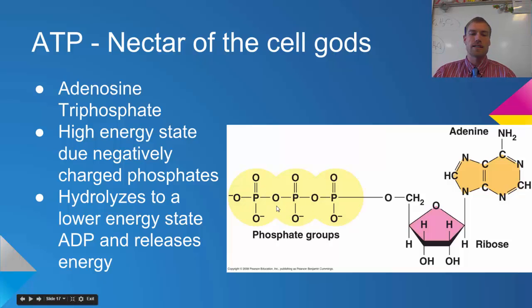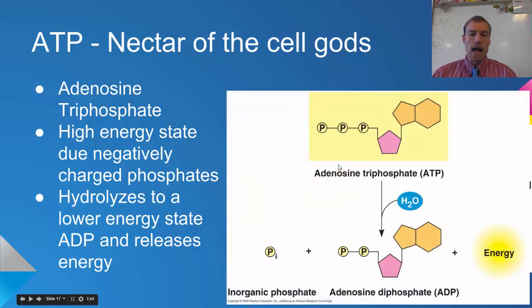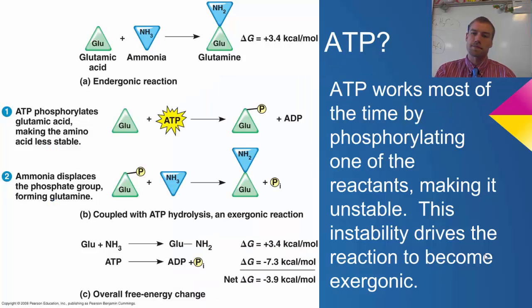So it is very unstable, and it very much wants to get rid of this phosphate in order to do other things. And in order to get to that point, it is hydrolyzed. So we add a water molecule in, it turns into ADP, and then the inorganic phosphate, the last one, is kicked off, and we are left with that free energy, which we can then use to do cellular processes.